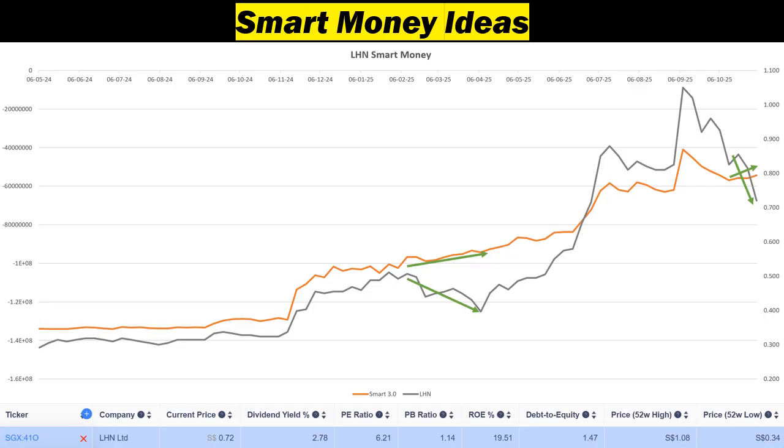Maybe it's still early, but this could be indicative that we're going to start to see some accumulation. This by itself is not a definite buy signal, but it is definitely worth keeping a watch on this stock.